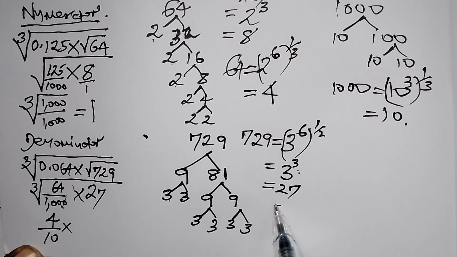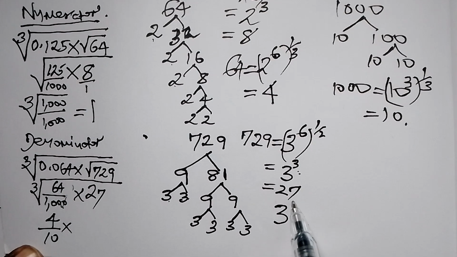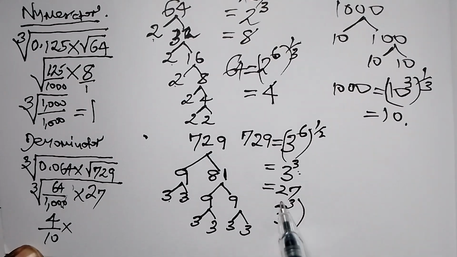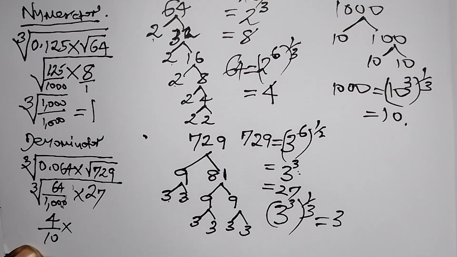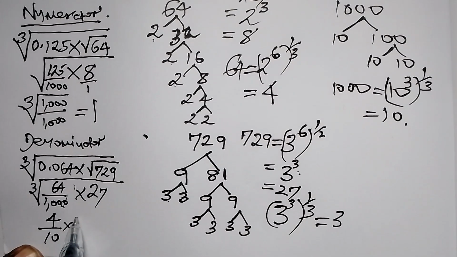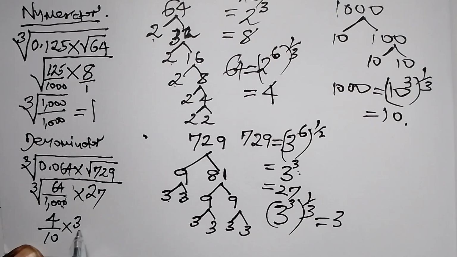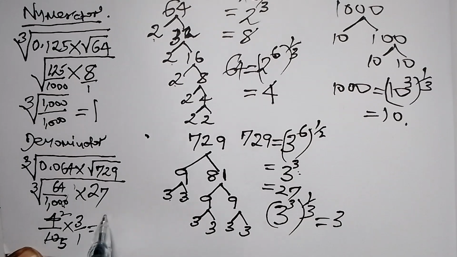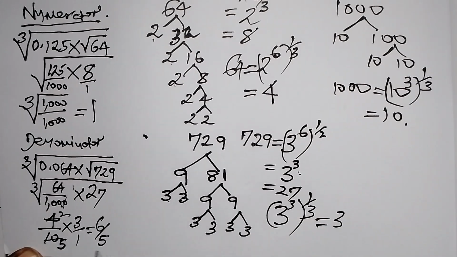So the cube root of 27 would be given by 3 raised to power 3 multiplied by a third, which is equal to 3. So multiplied by 3 over 1. When you simplify this, you're going to get 6 over 5. That is not our final answer.